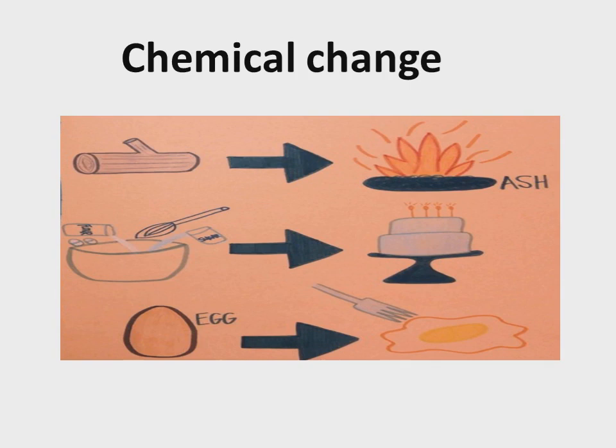Likewise, a whole egg is fried with oil to form a fried egg. So the new substances formed have totally different composition from the original substances. And this type of change cannot be reversed.